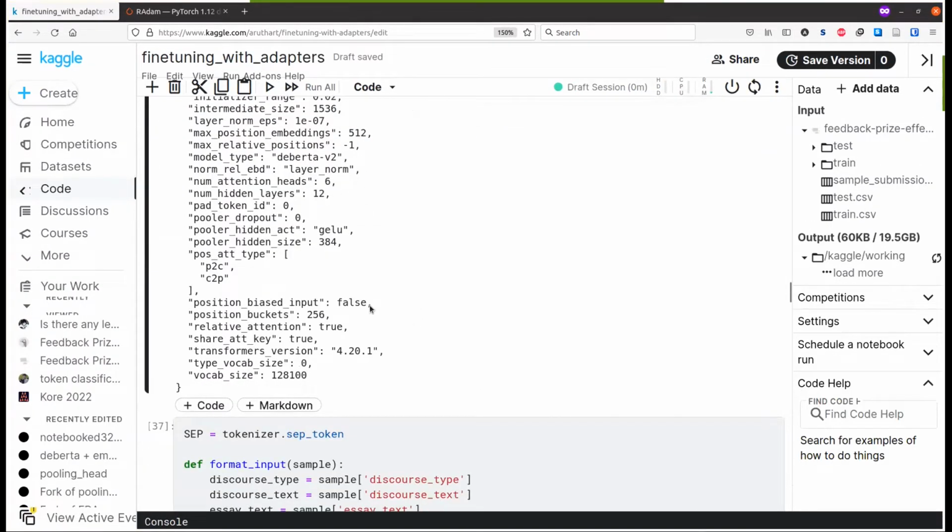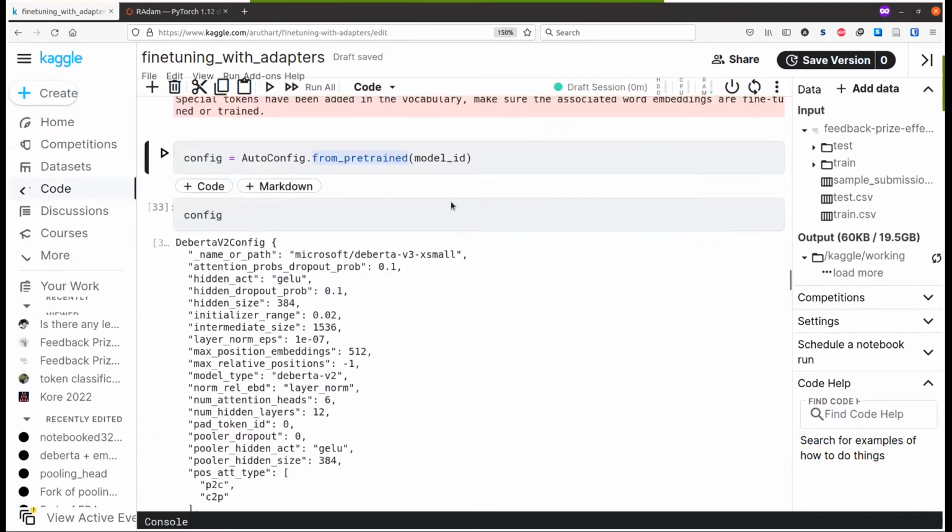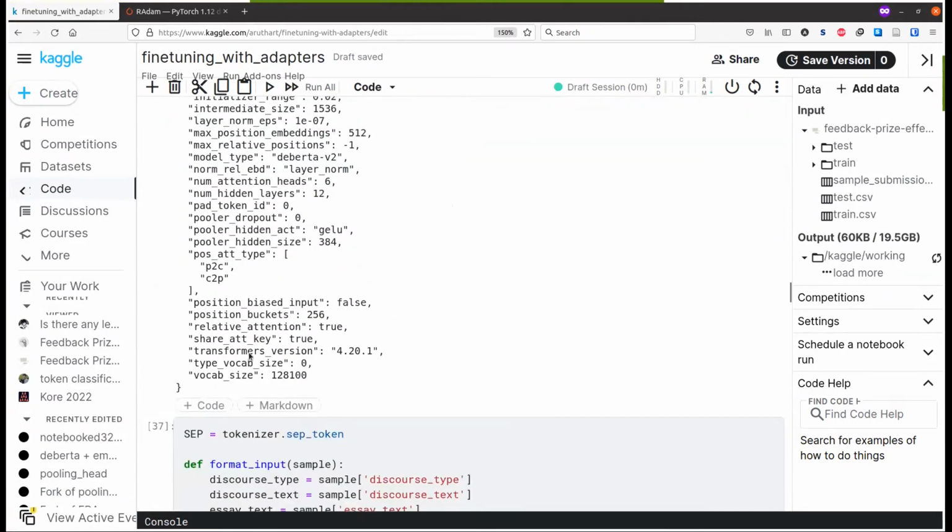Okay, so here in the config for the model, this is a configuration for DeBERTa small, and there is a type vocab size parameter.